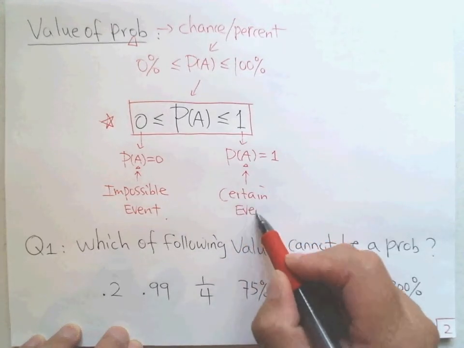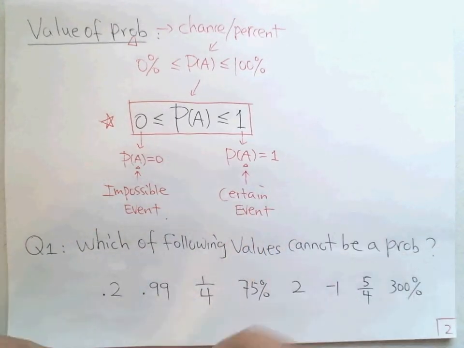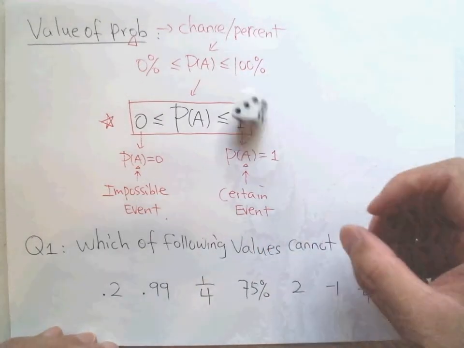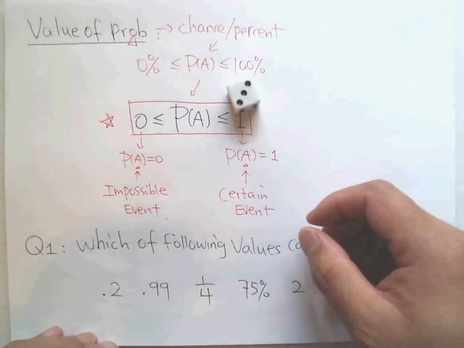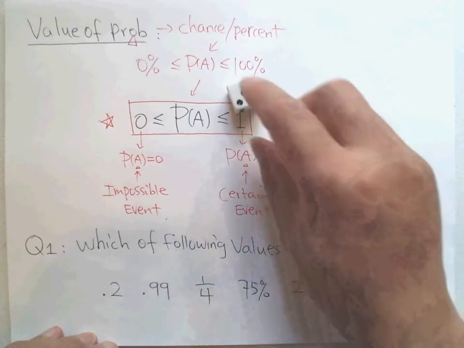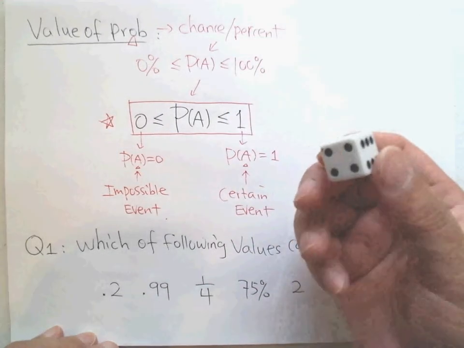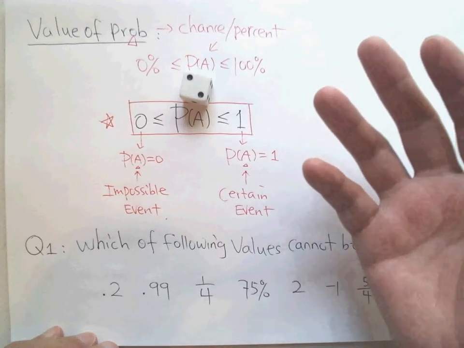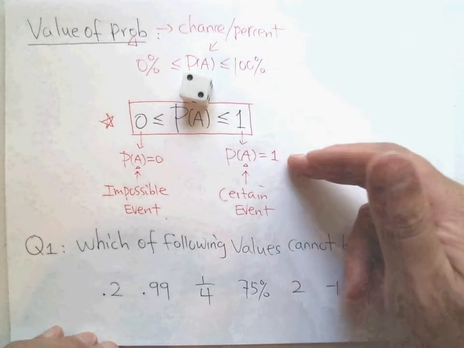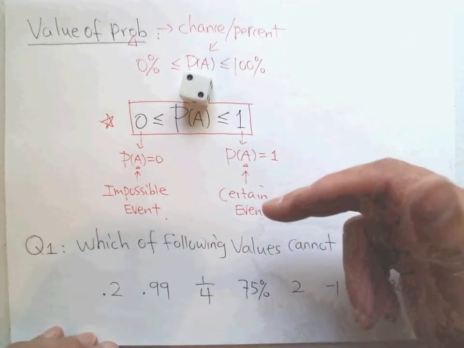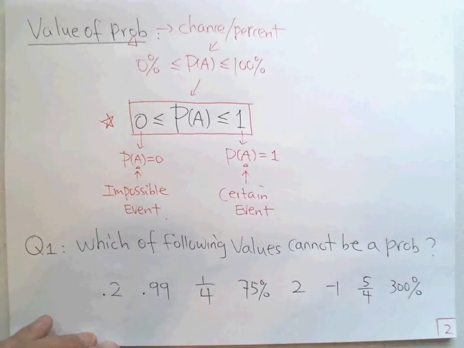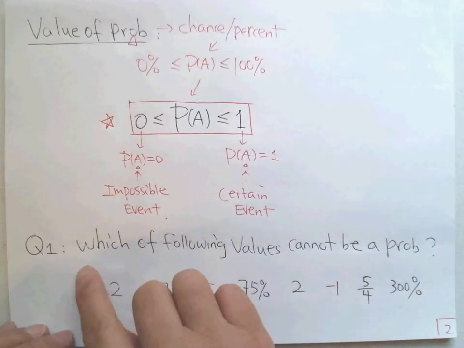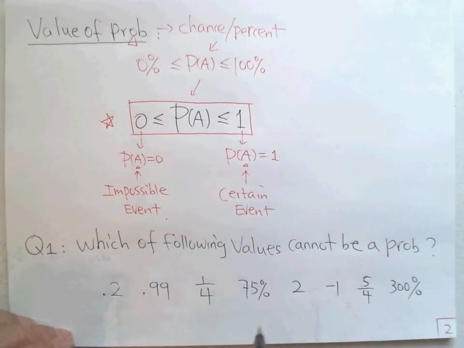For example, I was going to roll a normal die. I want to get a number less than 10. Yes, that's certain. Why? Any number I get is less than 10. It means whatever number I get, I will be successful. 100% I will be successful. That's a certain event.